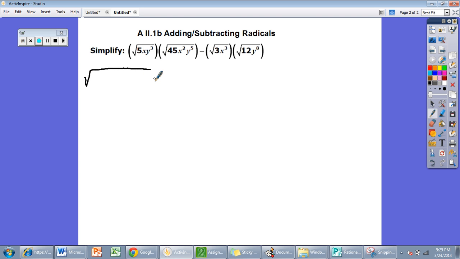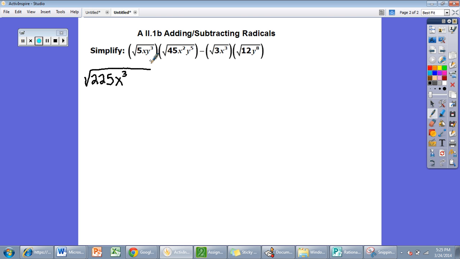these two radicals together, which means I'm multiplying 5 times 45, which gives me 225. Then we multiply our variables. X times x squared means we add our exponents, and we get x to the third.